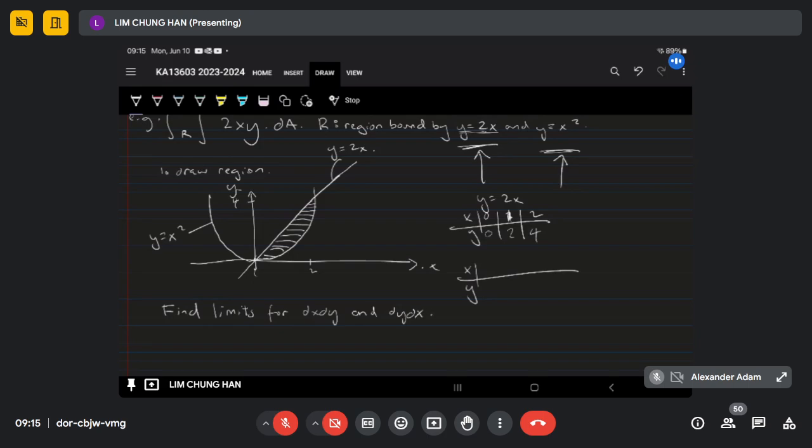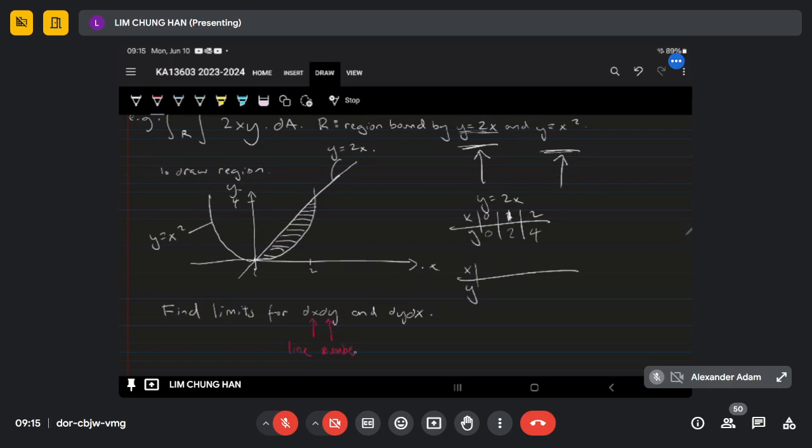Okay, now next, before we can actually do anything, let me start. As I said, if you do dx dy, that means for the first limit, x, you have to follow the line method. And then for y, you just choose the biggest number and the smallest number.